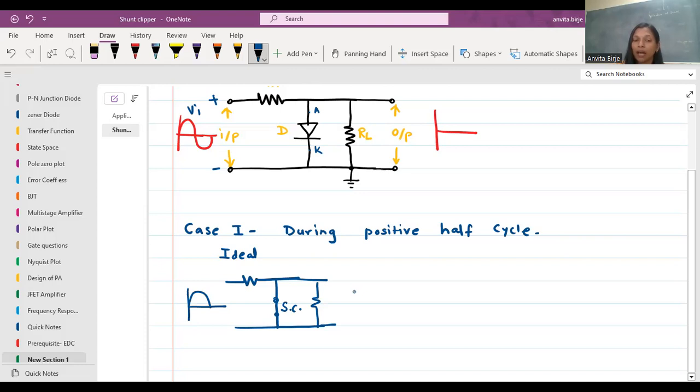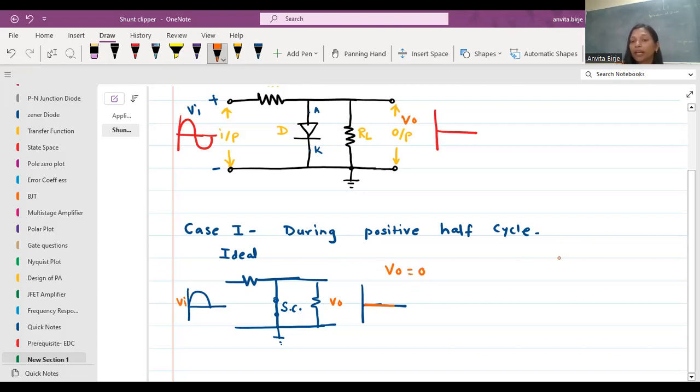You can see at the output, it is already shorted. Your input signal is shorted to the ground, so there will be no output. The output is 0. V0 is the output and Vi is the input.